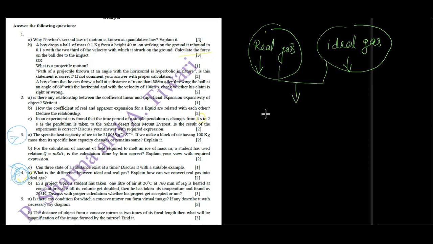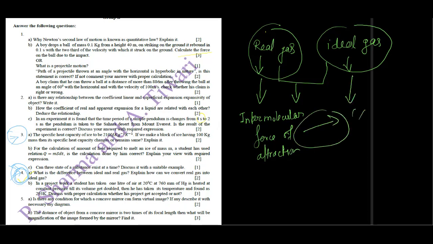That difference is related with the intermolecular force of attraction. In real gas, there is intermolecular force of attraction, but in the case of ideal gas, this is absent. That means ideal gas does not have intermolecular force of attraction.